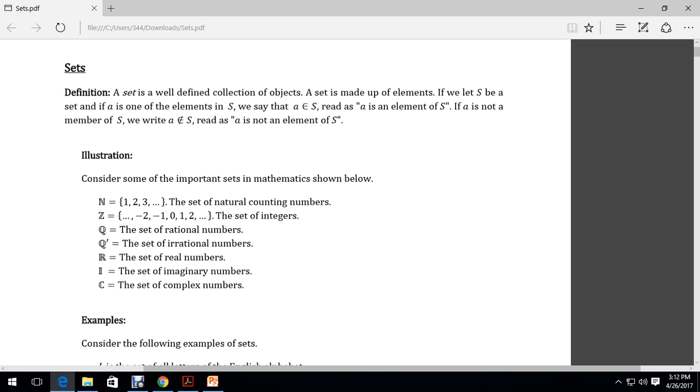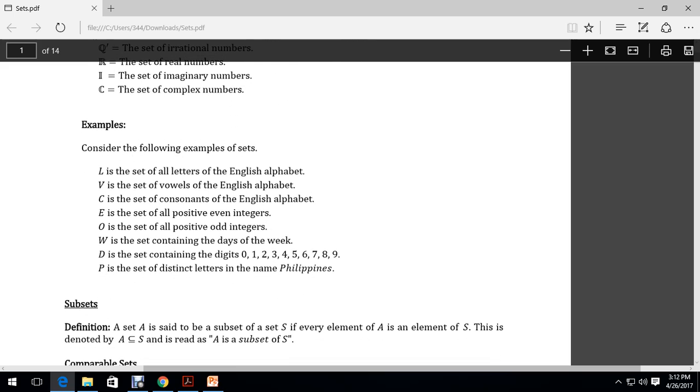We could also make our own sets, collect some objects and define them in a given set, such as the ones that appear here in the given examples.